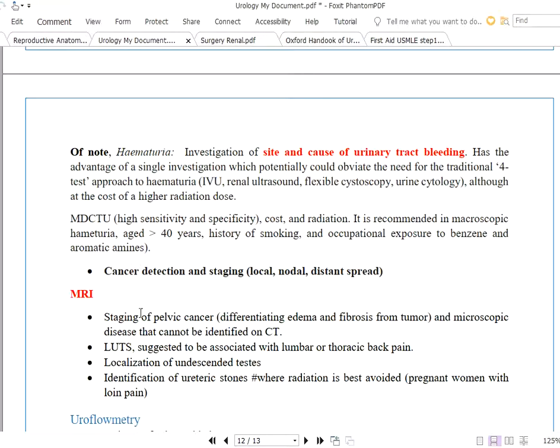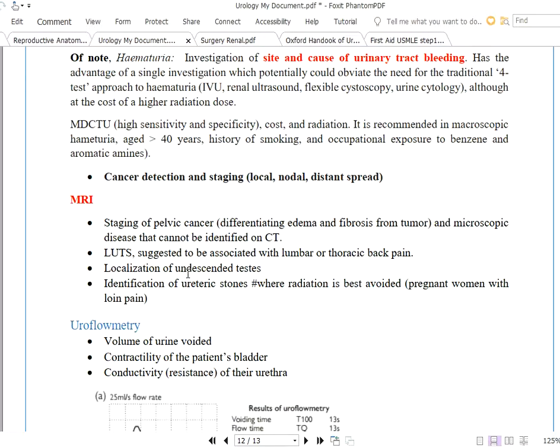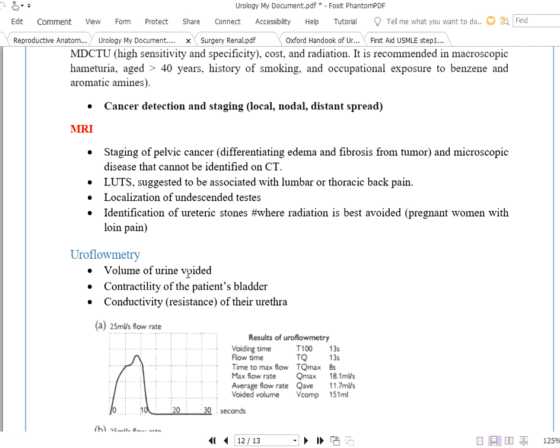As you can see, these are patients who are more likely to have hematuria that we suspect may be caused by a tumor in the urinary tract. So it helps us with cancer detection and staging, but above all, MRI is a better test than this CT.